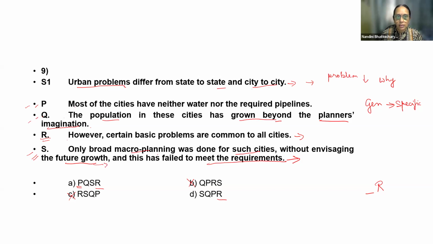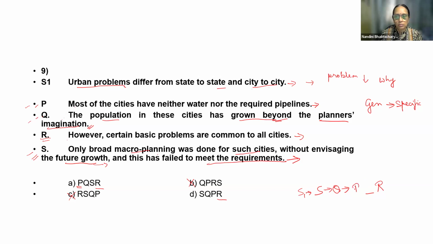Right? As a result, what happened? So the cities have grown beyond the planner's imagination. So we can say S can come after S1. And then we can come up with Q. And most of the cities have neither water nor required pipelines. That is specific, very specific, right?